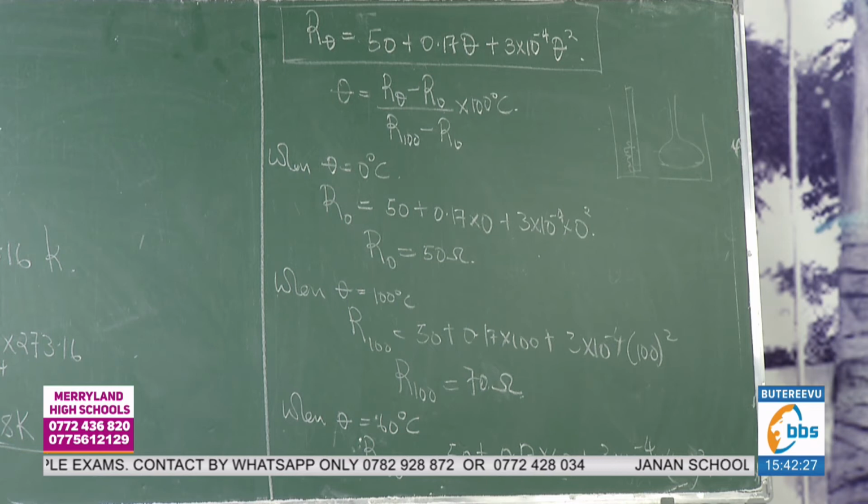So we have 60 squared multiplied with 3 exponent minus 4. That is giving me 1.08. 1.08 plus 50, that gives me 51.08.